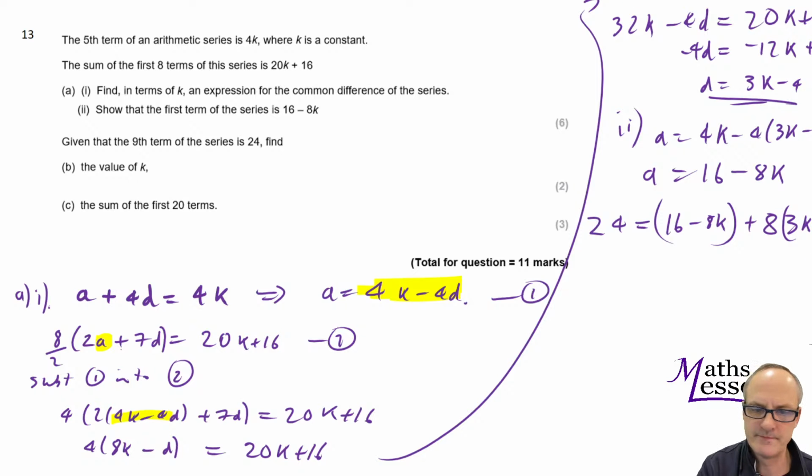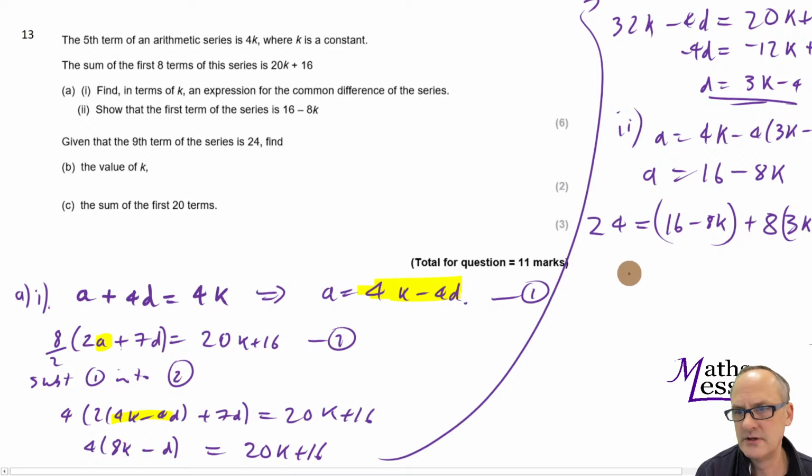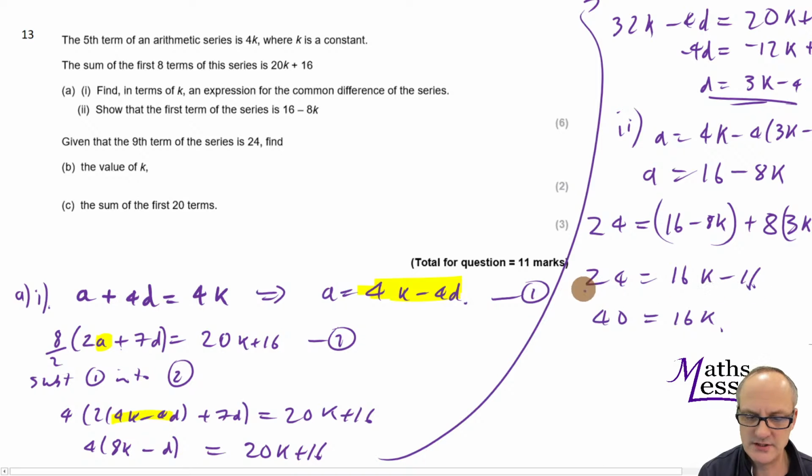And then we can just solve all of that. Let's multiply this out and simplify that. That gives me 16k minus 16. And I get 40 equals 16k, adding 16 to both sides. So therefore k equals 2.5.